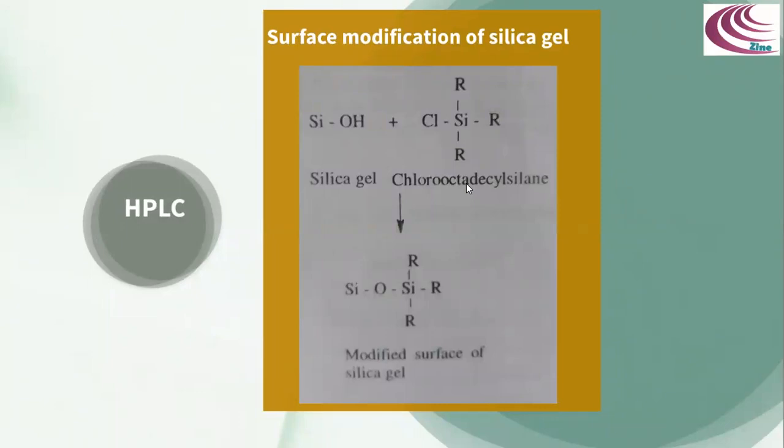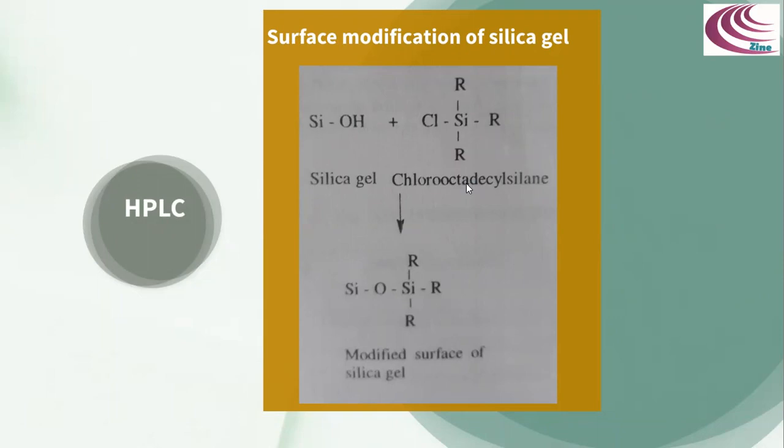When going for reverse phase chromatography, we require silica gel that acts as non-polar in nature. So instead of direct use of silica gel, a modified surface is made.